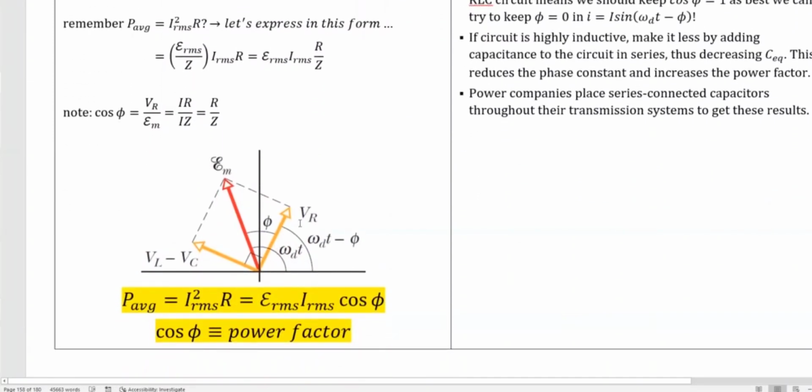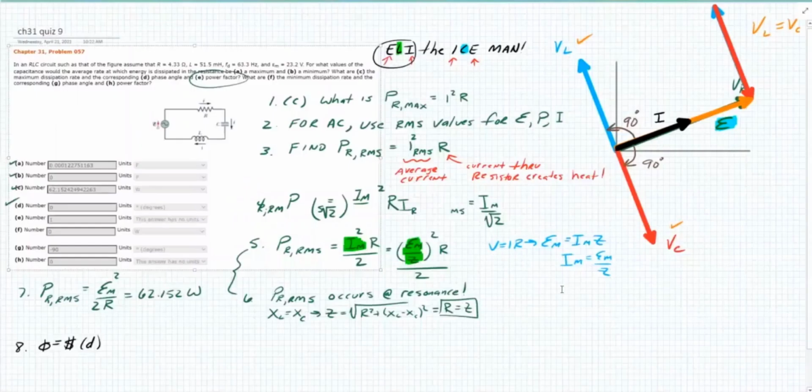Here's VR, perpendicular. So everything's good. I know what phi is. Phi equals 0. So in my triangle right here, here's a triangle at this situation.